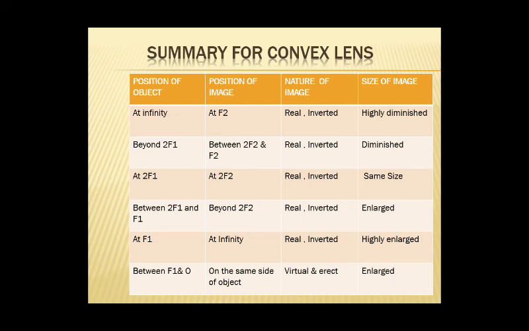For example, where the object should be placed to obtain a real, inverted and same size image, where the object should be placed to obtain a virtual, erect and enlarged image. Or on the basis of uses, which lens is used in a simple microscope, the magnifying glass, you might have heard about it, right? Give reason to justify your answer with a suitable ray diagram.